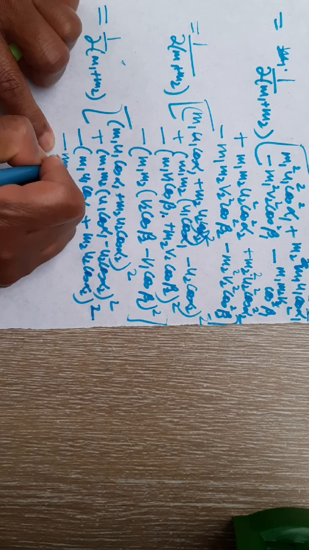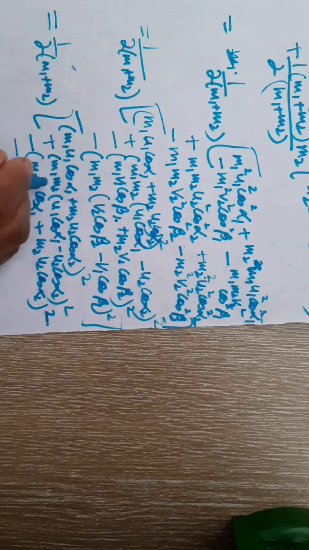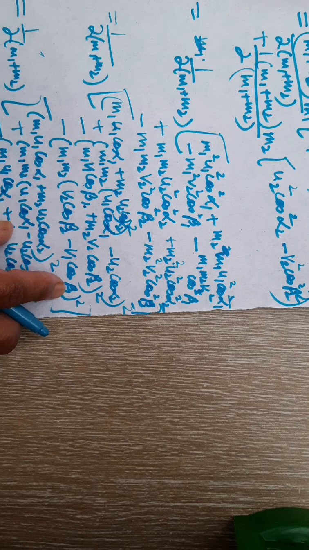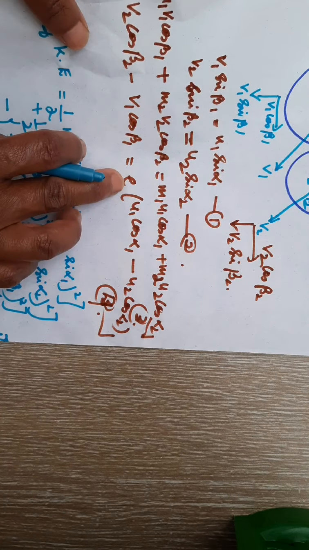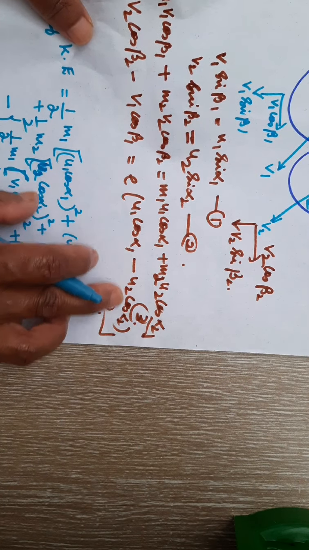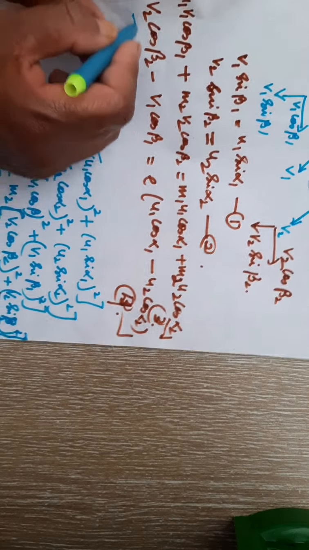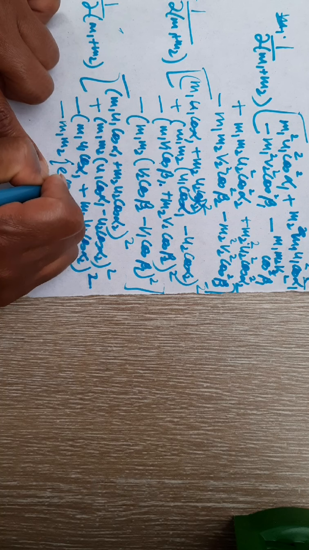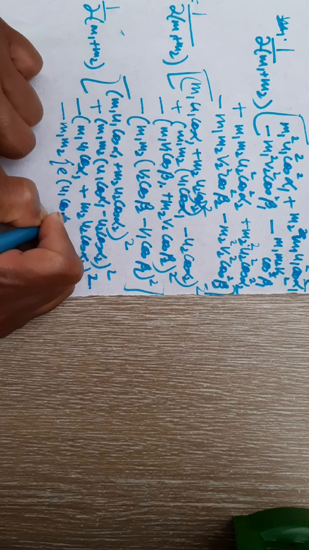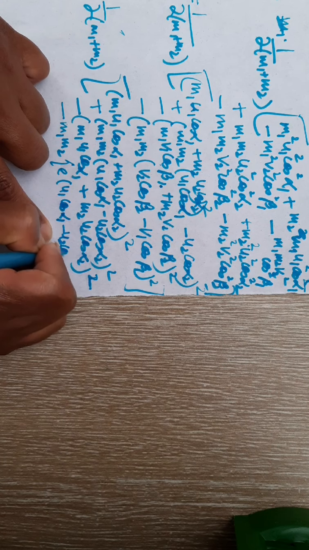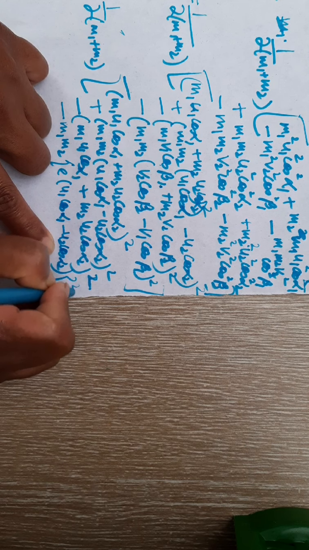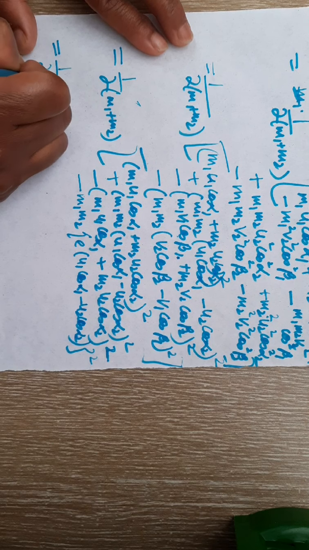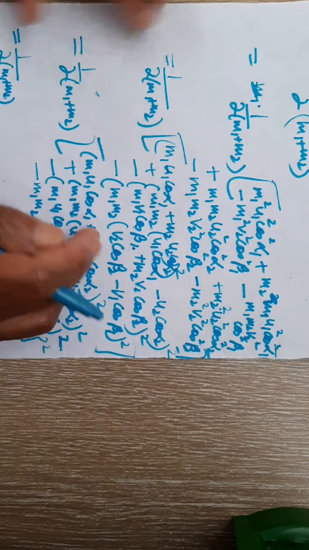minus the last term, it is m1 m2. Again, the last term v2 cos beta 2 minus v1 cos beta 1. From equation 4, it is e times of u1 cos alpha 1 minus u2 cos alpha 2. So you replace this one by this term, so it will become e into u1 cos alpha 1 minus u2 cos alpha 2 the whole square. So on simplifying this one, you'll get finally half of m1 plus m2.